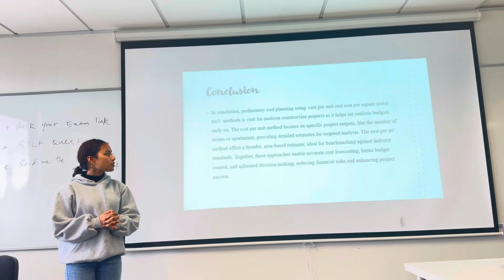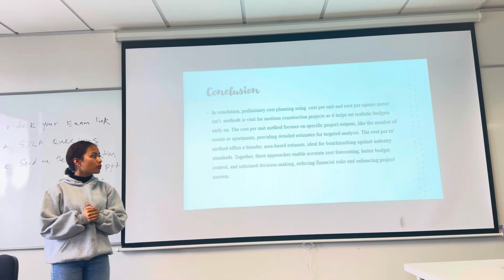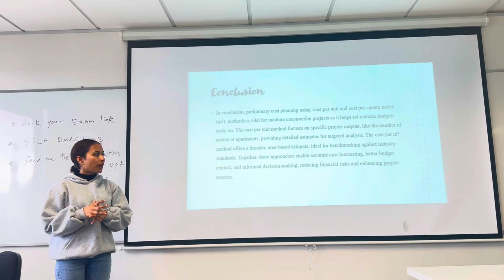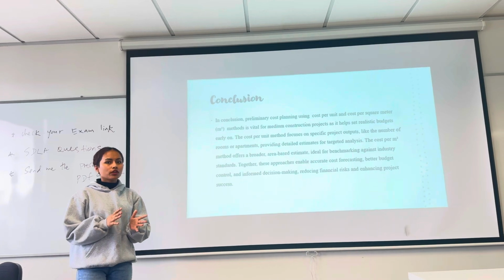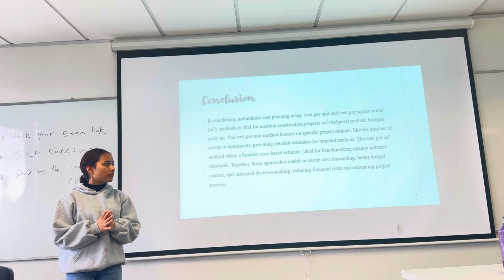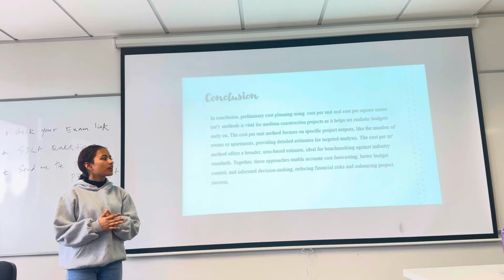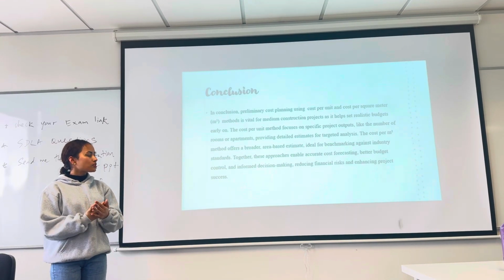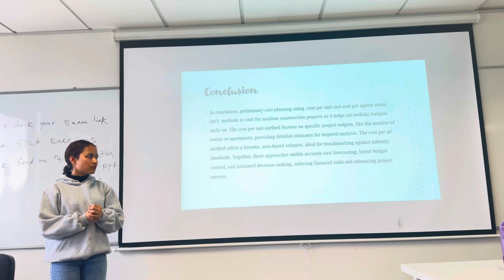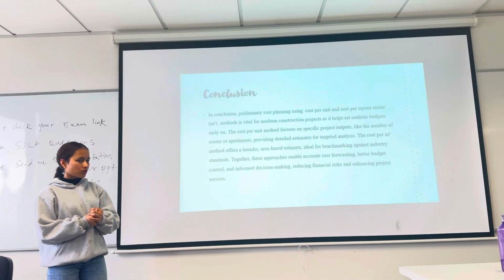The cost per square meter method offers a broader area-based estimate, ideal for benchmarking against industry standards. Together, these approaches enable accurate cost forecasting, better budget control, and informed decision making, reducing financial risks and enhancing project success.